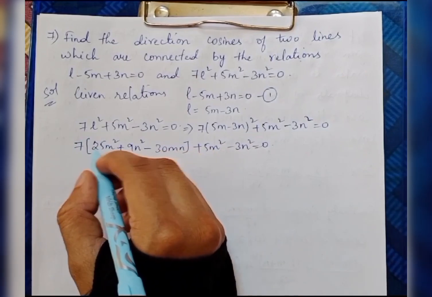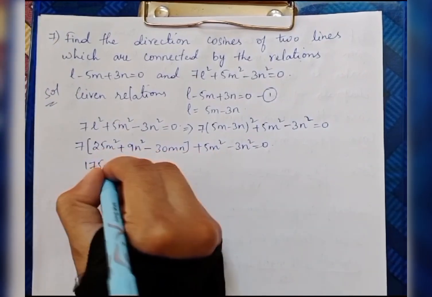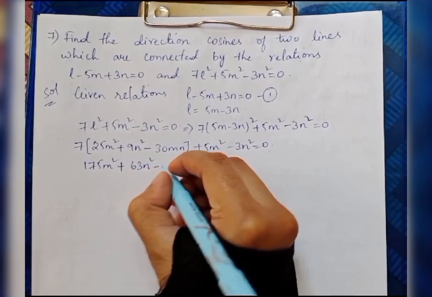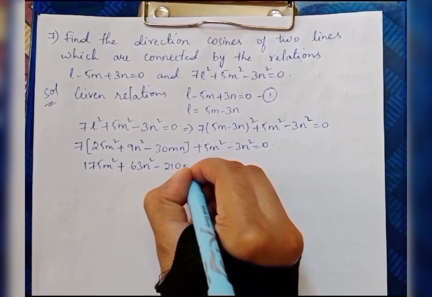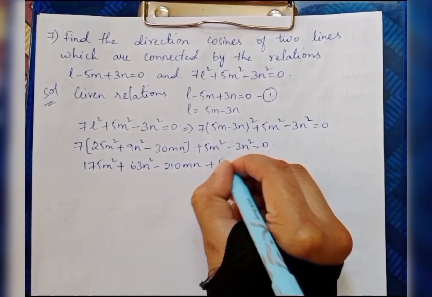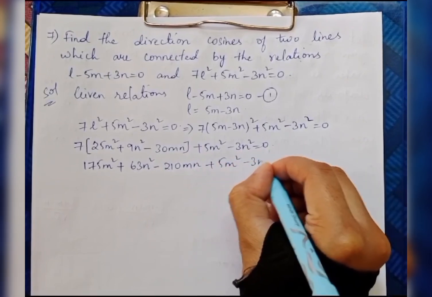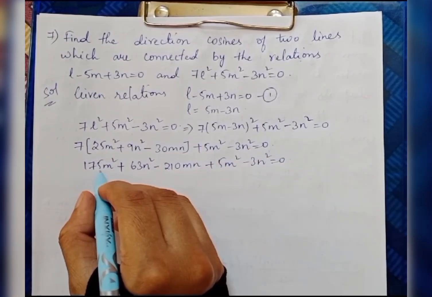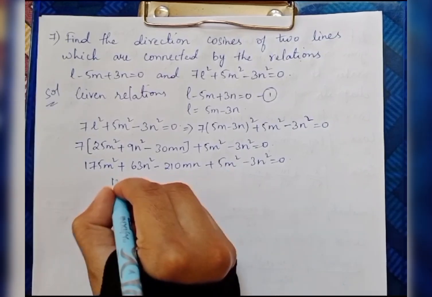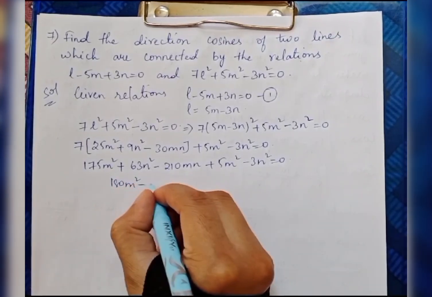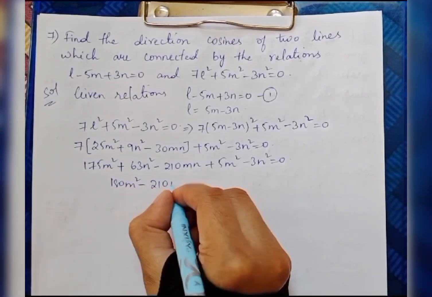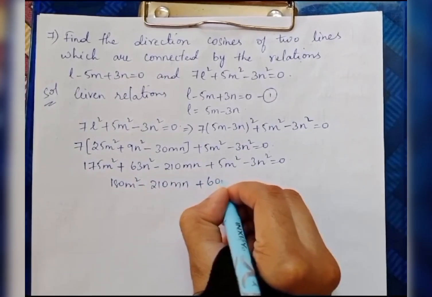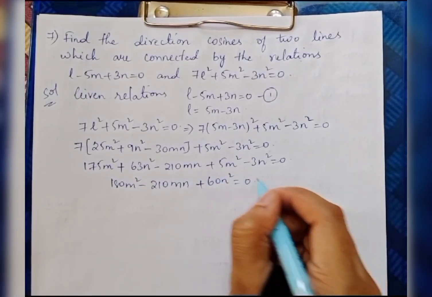Multiplying 7 inside, 25 sevens are 175 m square plus 7 nines are 63 n square minus 7 threes are 21 mn plus 5m square minus 3n square equals 0. So 175 plus 5 is 180, so 180 m square minus 210 mn, 63 minus 3 is 60, plus 60 n square equals 0.